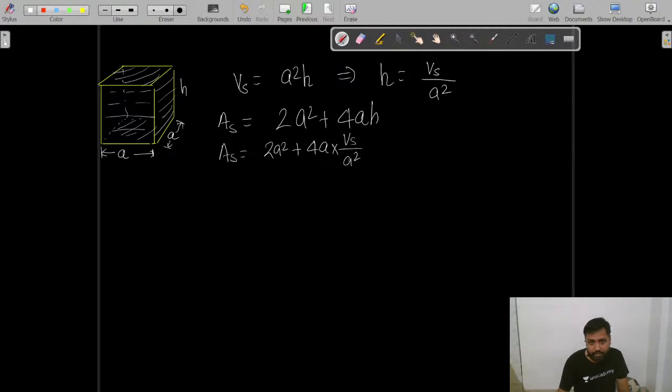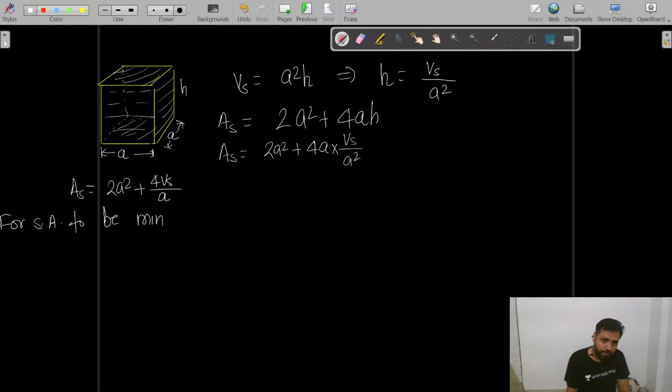So this As is going to become 2A square plus, A cancels with A, 4Vs upon A. Now, for the surface area to be minimum, dear students, dAs upon dA is equal to 4A minus 4Vs upon A square.